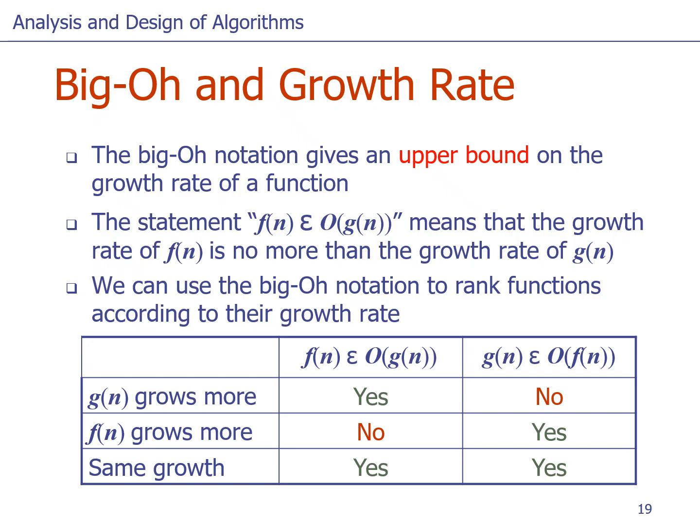Now, if f of n grows more than g of n, then the reverse is true. Okay? f of n is in O of g of n cannot be claimed. Now, the interesting case is the third case, if they are actually the same. If g of n is the same as f of n, then I could claim that f of n is in O of g of n, and I could also claim that g of n is in O of f of n. Okay?